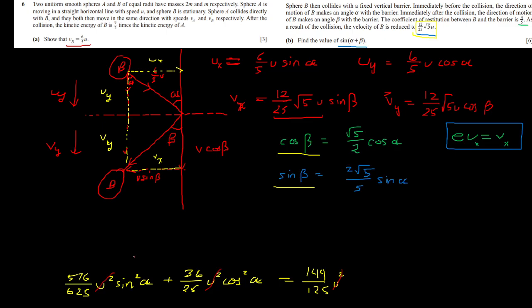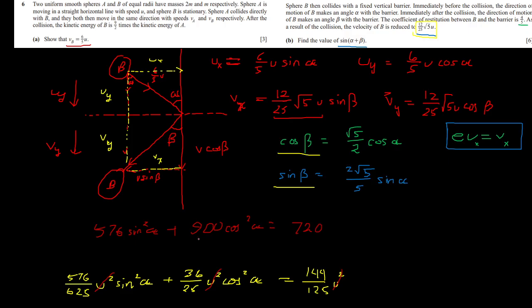We can multiply everything with 625, so we get 576 sine squared alpha plus, now 625 times 36 over 25 gives us 900, so 900 cos squared alpha equals to 144 over 125 times 625, which is 720.